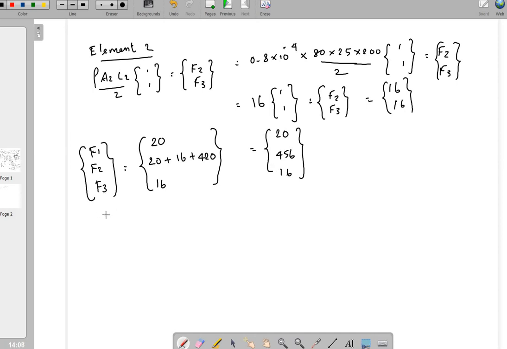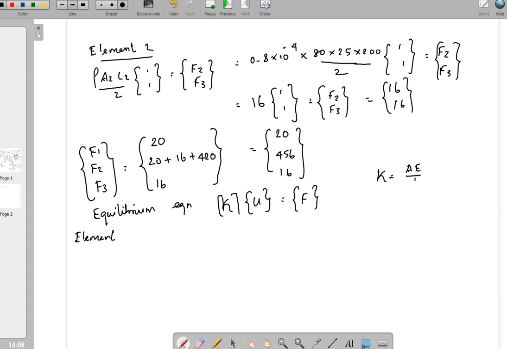Now we are going to use the equilibrium equation. The equilibrium equation is K matrix times U vector, which is equal to the force vector. So we are going to assemble for element number 1. Already we derived the stiffness matrix for the bar element. What is the stiffness matrix for a one-dimensional bar element?